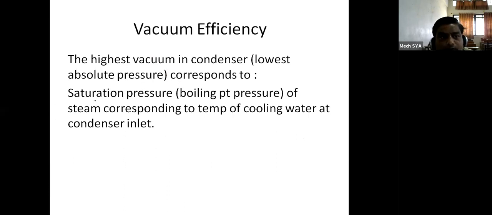The ideal or highest vacuum corresponds to the saturation pressure at which the phase conversion occurs, that is vapor to liquid. We consider PS, the condenser pressure, which we denote by PC, PS.